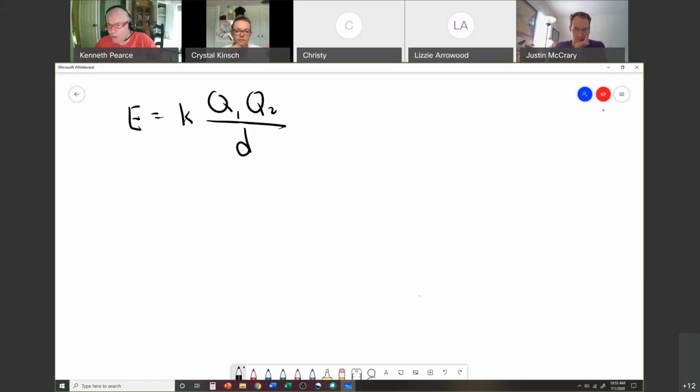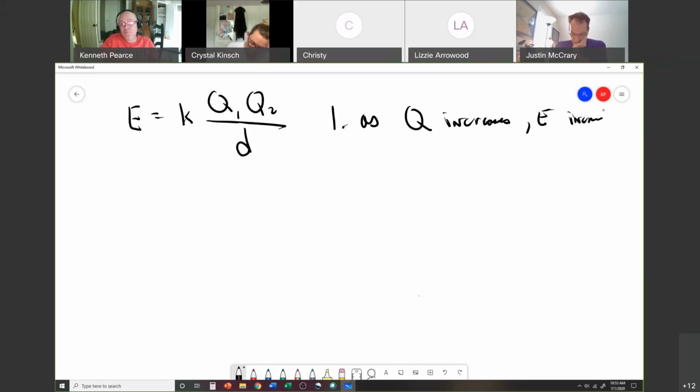Let's give words to the equation. As Q increases, E increases. And as D increases, E decreases.